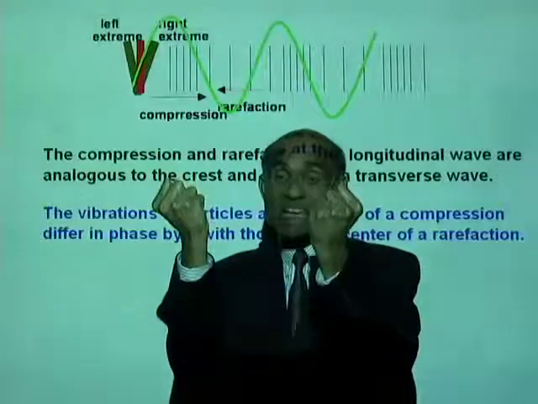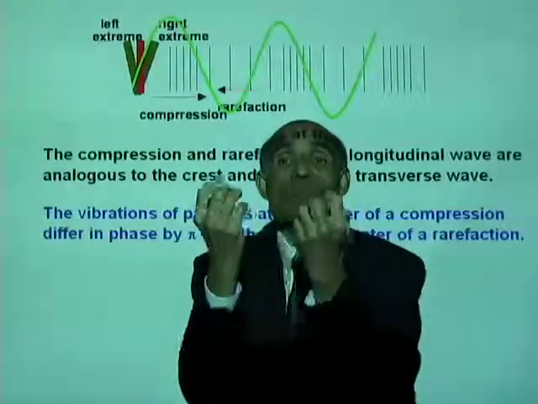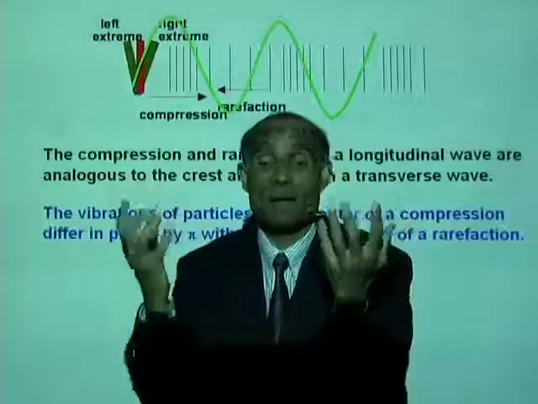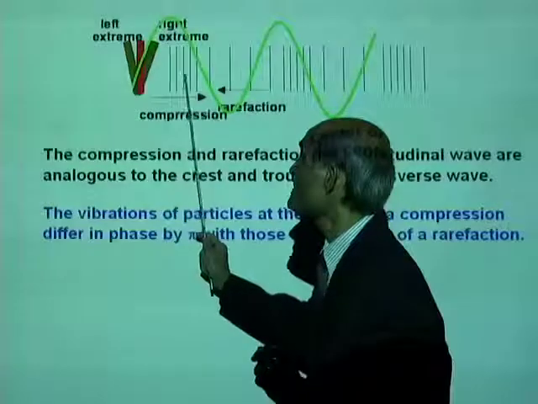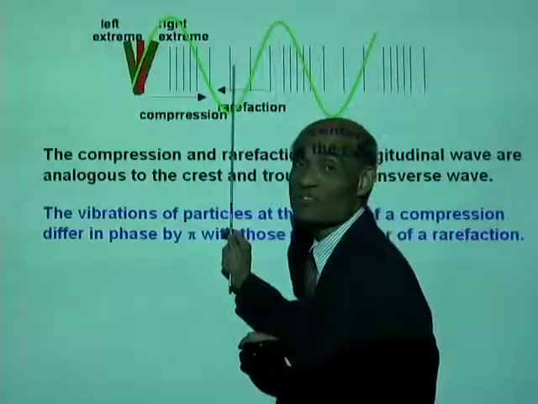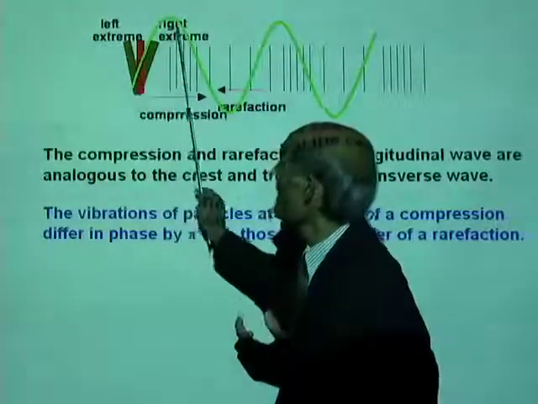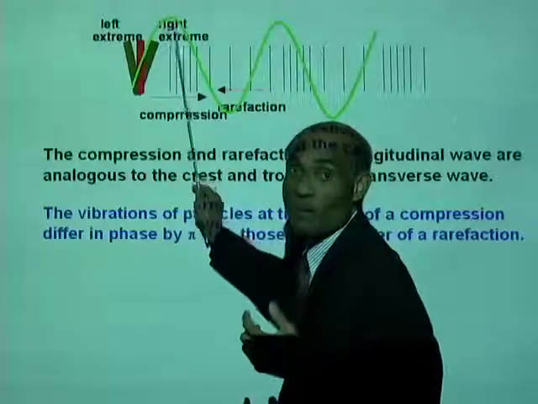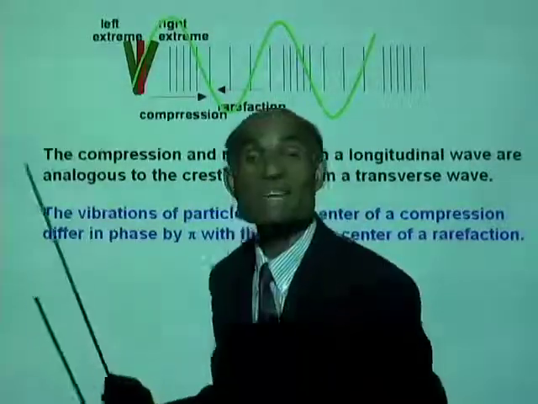So their states of motion are completely out of phase, or the phase difference is pi. The phase difference between a particle at the center of a compression and a particle at the center of a rarefaction is pi, just the same way as the phase difference between a particle on a crest and a particle on a trough is pi.